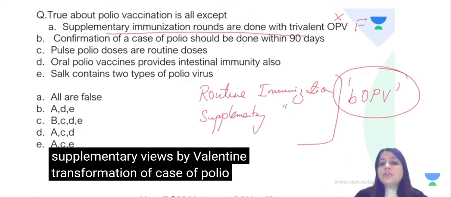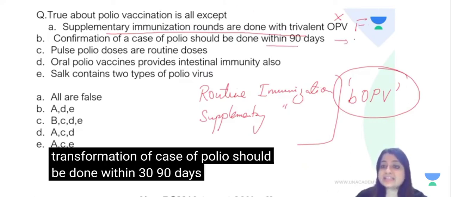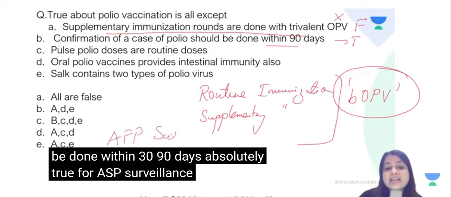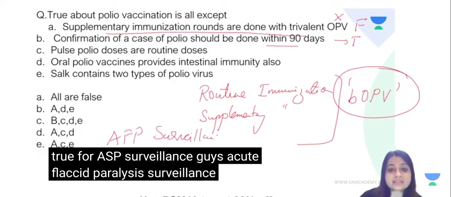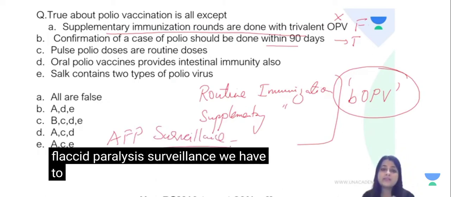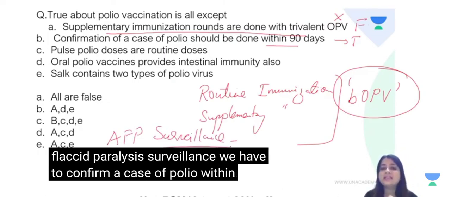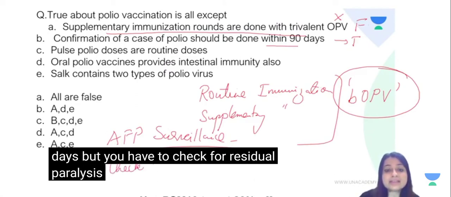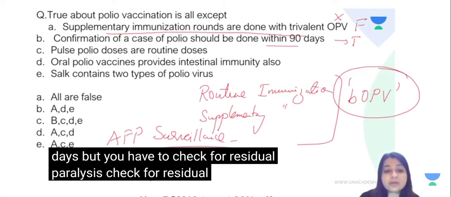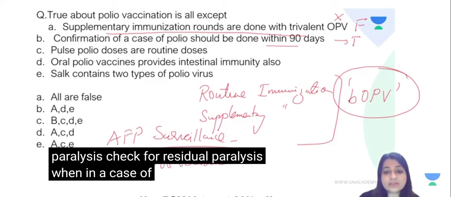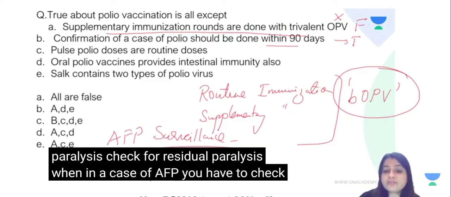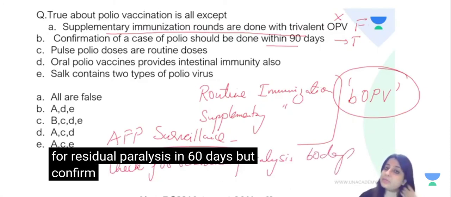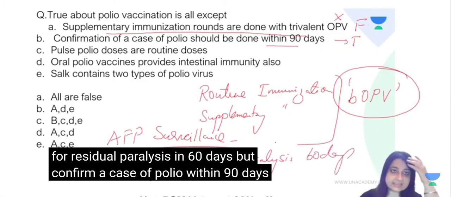Confirmation of case of polio should be done within 90 days. Absolutely true. For AFP surveillance, acute flaccid paralysis surveillance, we have to confirm a case of polio within 90 days. But you have to check for residual paralysis in 60 days.